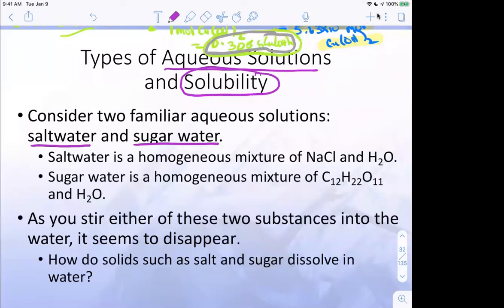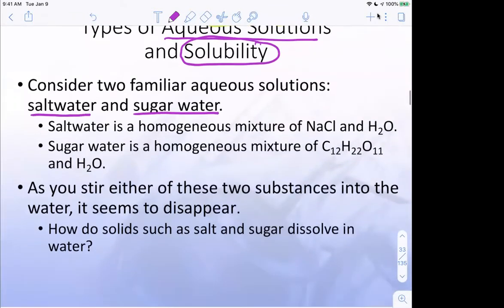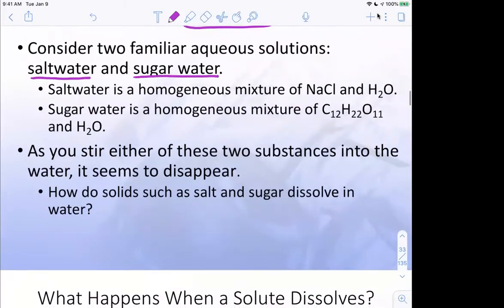We know that salt water is a homogeneous mixture of sodium chloride and water. Sugar water is also a homogeneous mixture of sugar and water. If I take either salt or sugar and I stir these two substances separately in water, it seems to disappear.